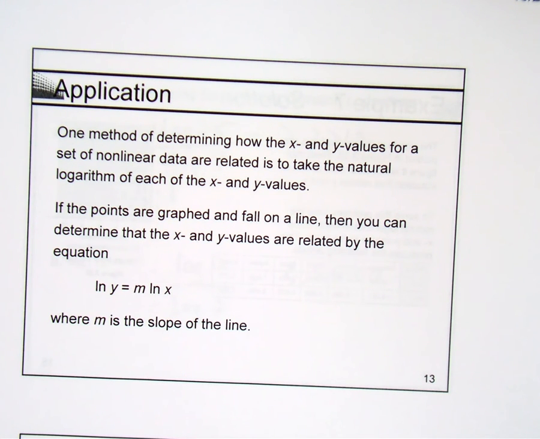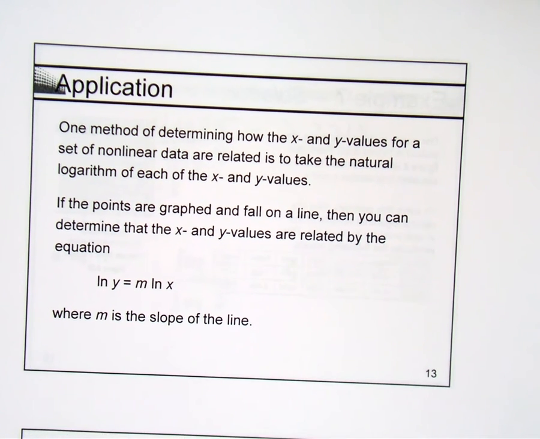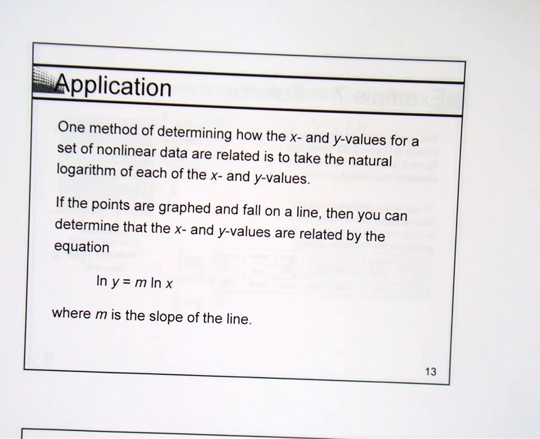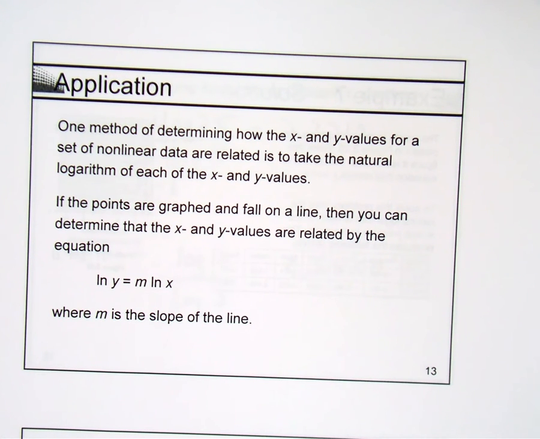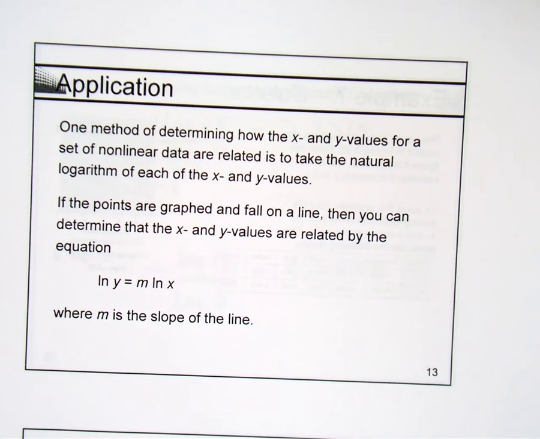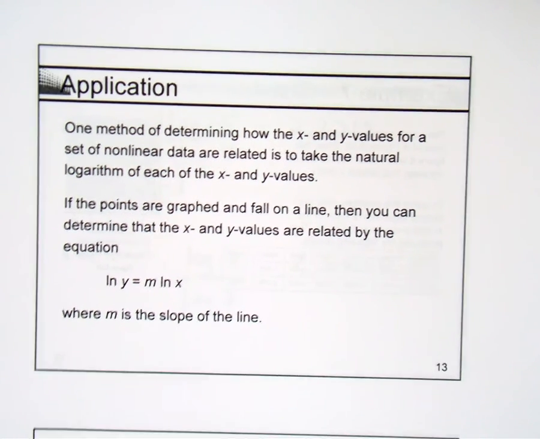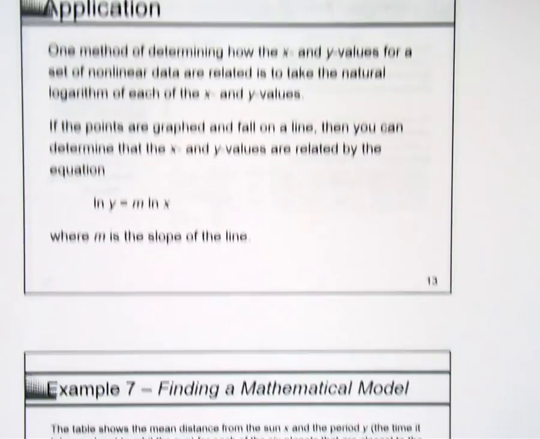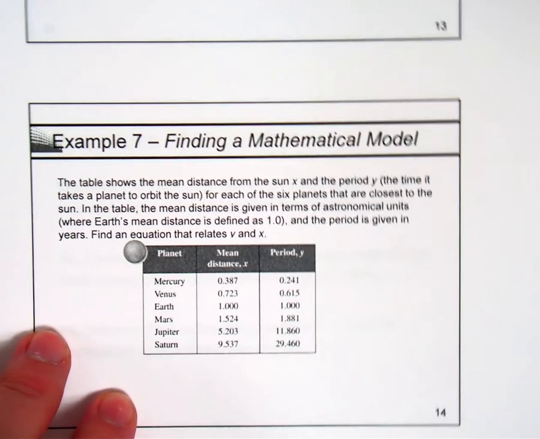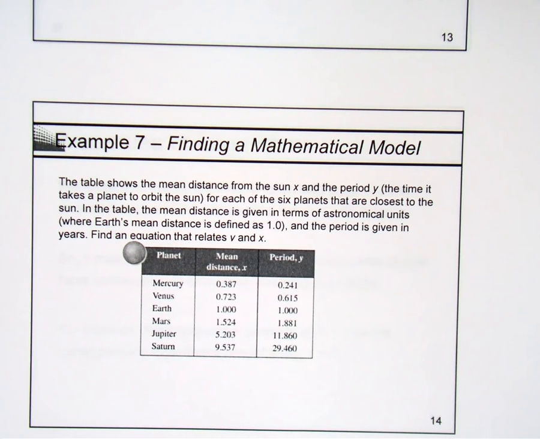If the points are graphed and fall on a line, then you can determine the x and y values are related by the equation of natural log of y equals m times the natural log of x, where m would be the slope. So we're taking some nonlinear points. Okay, we're going to do the natural log of all of them, and then sometimes they will all work out to be linear after you do your natural logs.